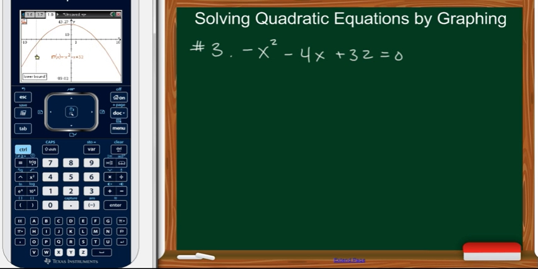Now, the first thing it asks you for is a lower bound, and so you're going to use your finger and your touchpad to enter somewhere on the left of the screen. Then you're going to do it again on the right of the 0, and it'll give you an answer. Now, if you do it again, you can go find the other 0.